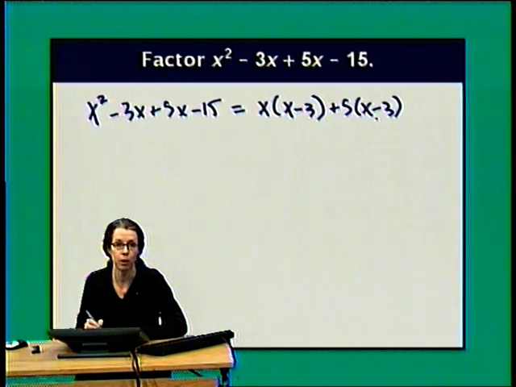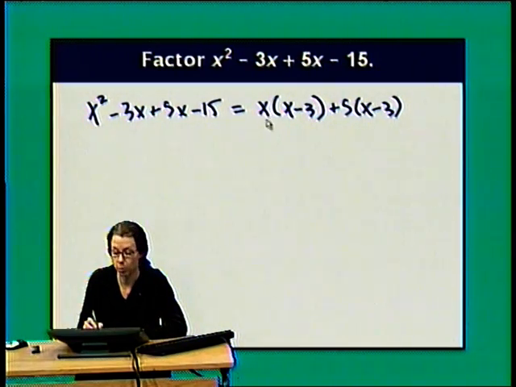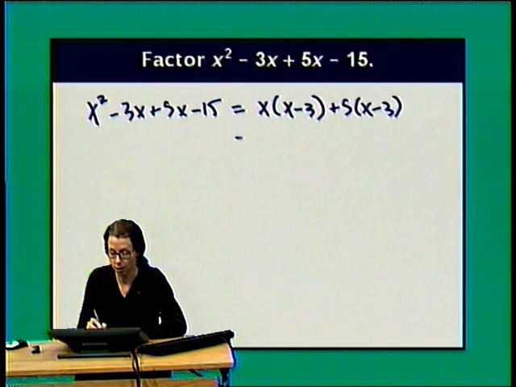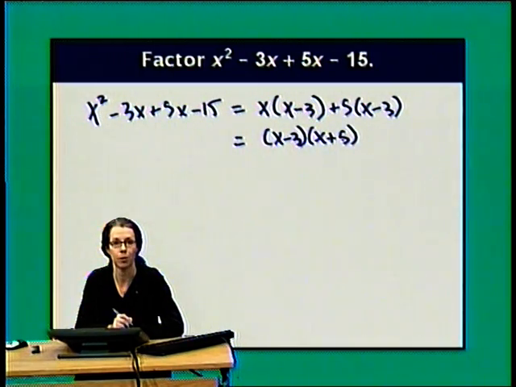Just want to double check, make sure this is not just a happy coincidence. Using the distributive property, x squared minus 3x plus 5x minus 15, everything checks. Factoring out x minus 3 leaves behind x plus 5.